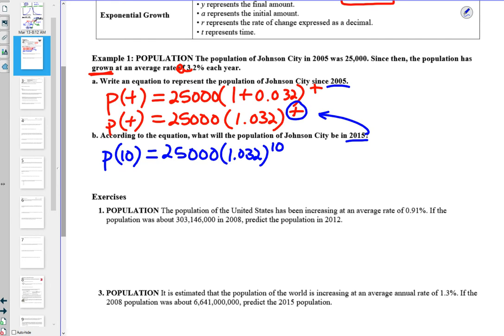Especially if you have a fancy calculator that has a little blinker, you can just type it in as you see it. You put in 25,000 times 1.032 to the power of 10. The calculator should know order of operations, so it should know to take 1.032 to the 10th power first, and then multiply times 25,000. But if you don't feel comfortable that your calculator knows how to do that, you can take 1.032 to the 10th power first.